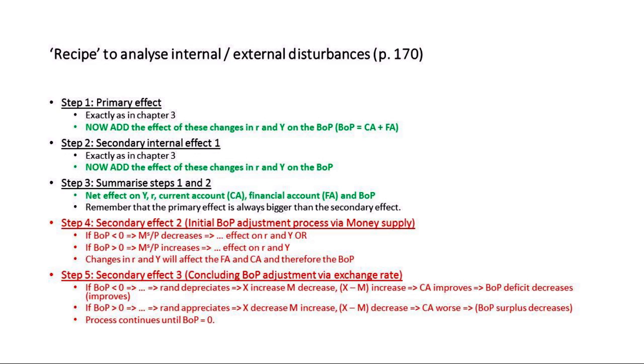There's always a primary effect and a secondary effect, and that is the adjustment to the initial change. Then it's typically summarized in the third step, and then the fourth and the fifth steps are adjustments of the balance of payments position either via the money supply or via the exchange rate. And I'll talk a bit about these in a moment.